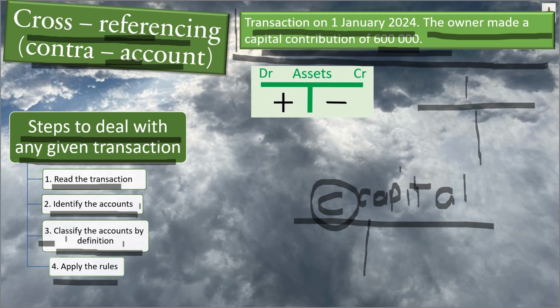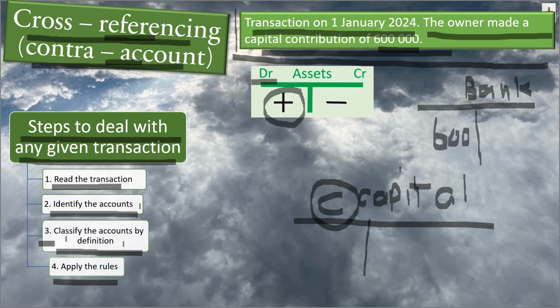And I'll write there B, bank account, which is an asset. If the value of the bank balance increases, which it has, the account must get debited. All assets, when the value of the asset increases on our books, the account is debited. I'm just going to write here 600.